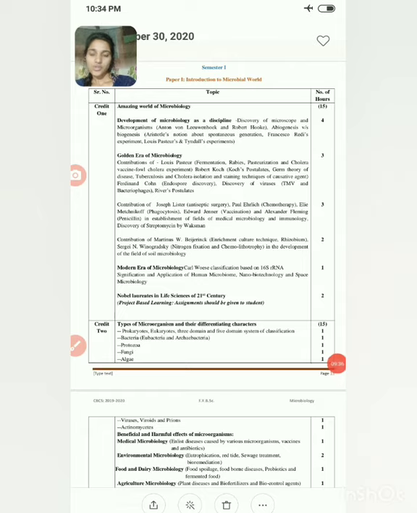Next contribution was of Joseph Lister in antiseptic surgery. As we know, during surgery, different types of tools like scissors and knives are used, and if the same tools without sterilization are used for another patient, there may be chances of infection to the patient.